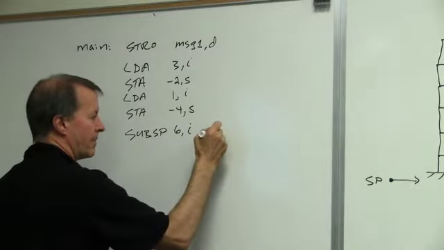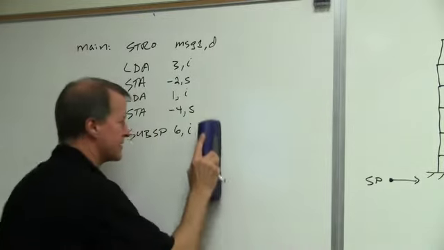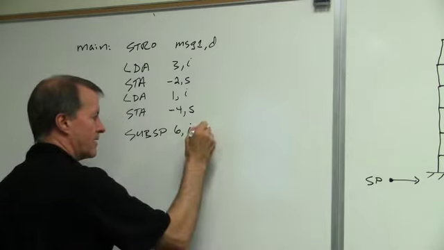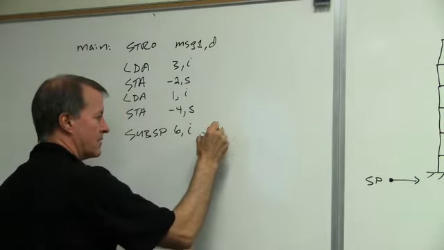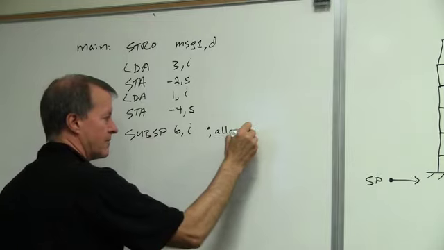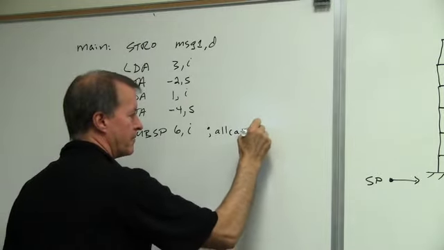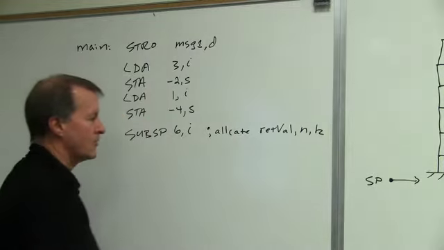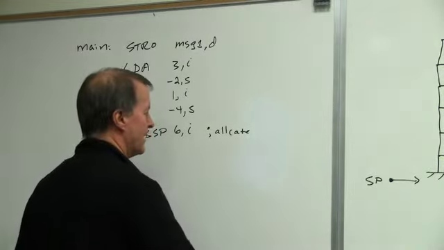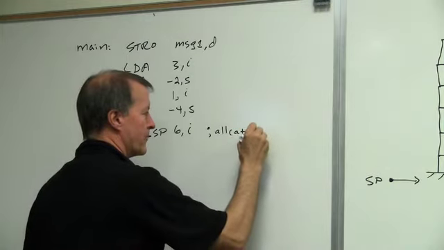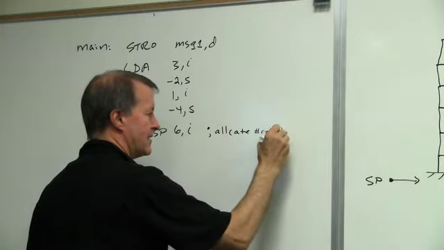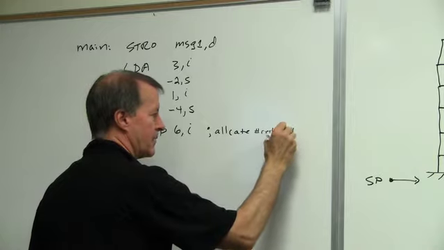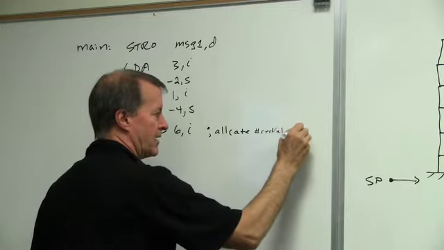We're allocating retval, N, and K. Oh, we need pounds, right? Allocate pound retval, pound N, and pound K.